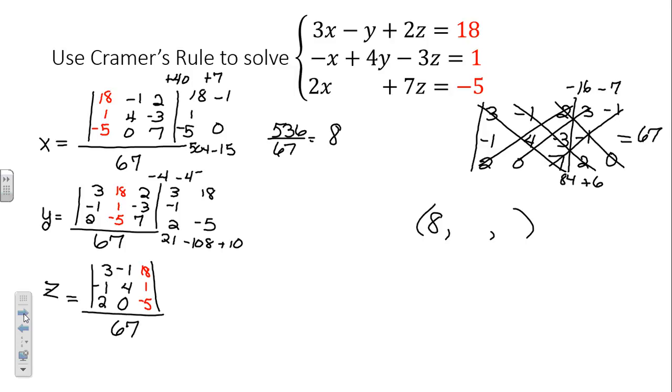Change the sign. And 7 times negative 1 is 7. Negative 7 times 18 is a negative 126. Change the sign. So negative 4 and negative 45 is negative 49. Add that to 126. Add 21, subtract 108, add 10. What do you get? 0.